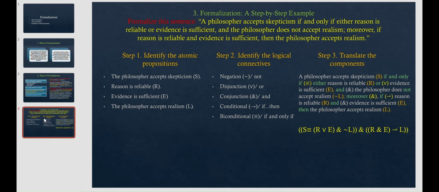Therefore, we must add its symbolic expression after the S. And by this way, we can proceed with our translation process. And you can see that we can express this example in the following way.